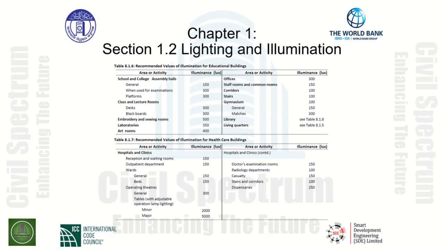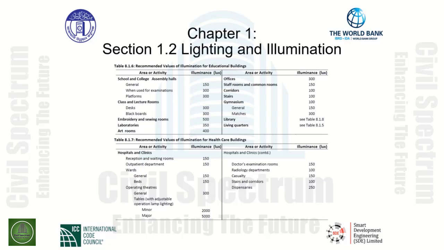Operating theaters vary based on general 300 lux. Tables with adjustable operating lamp lighting, we have minor and major. The minor is a minimum of 2000 lux with a major adjustable operating lamp of 5000 lux.